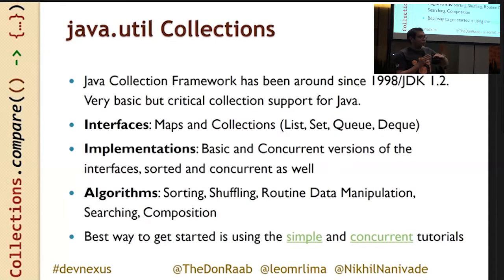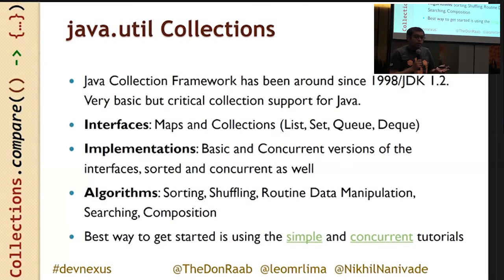It started in 1.2 as a very basic implementation, but pretty soon gathered mainstream steam, and it became a foundation to all the code that we write. It is implemented as interfaces with collections and maps. The interfaces can be list, set, deque, as well as the maps, which are the normal hash map, which is the map implementation, or a linked hash map, which is another type of map.